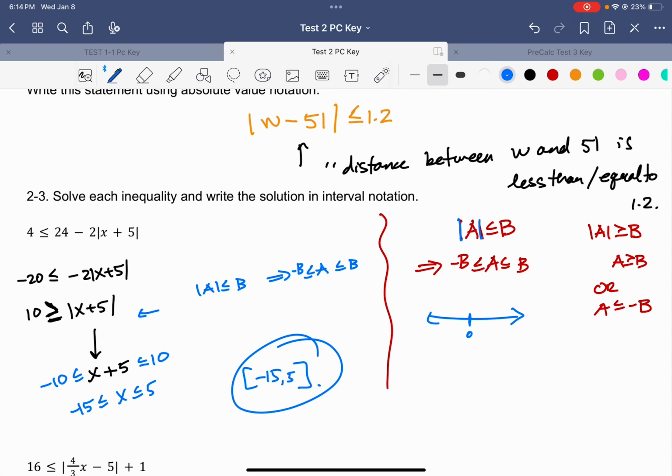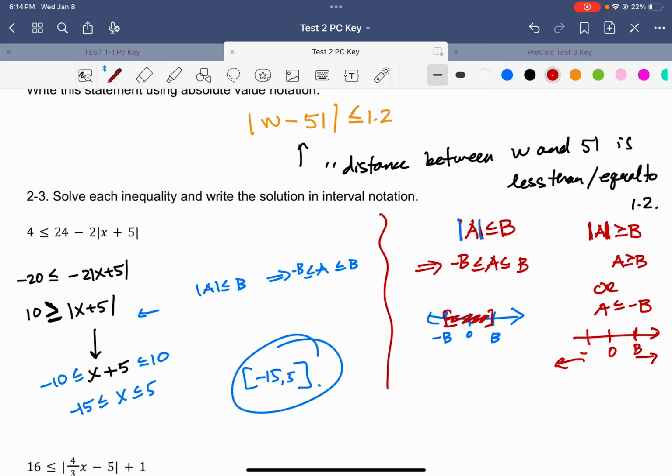So here is 0, and here is negative B, here's positive B. So that means that A lives somewhere in here, right? Maybe A is right here. Its distance is somewhere in between negative B and B. And then over here, if you say that my size is greater than or equal to B, then that means that I either have to be out this way or I have to be out this way.